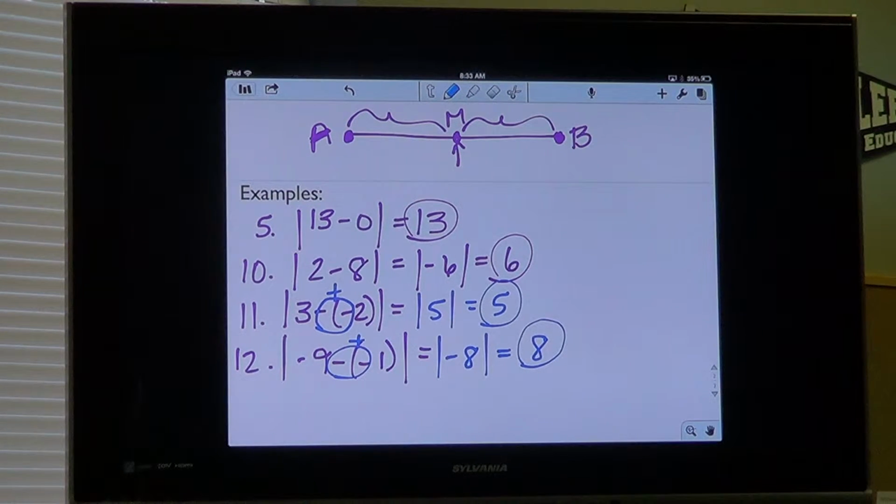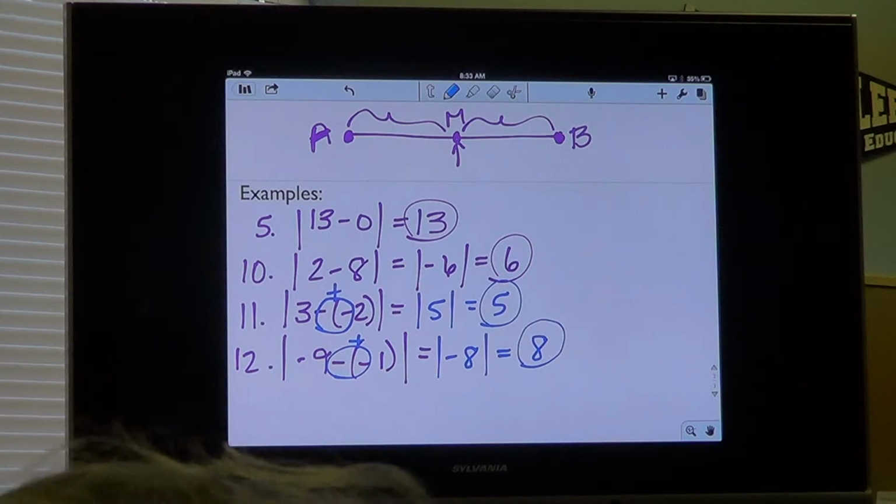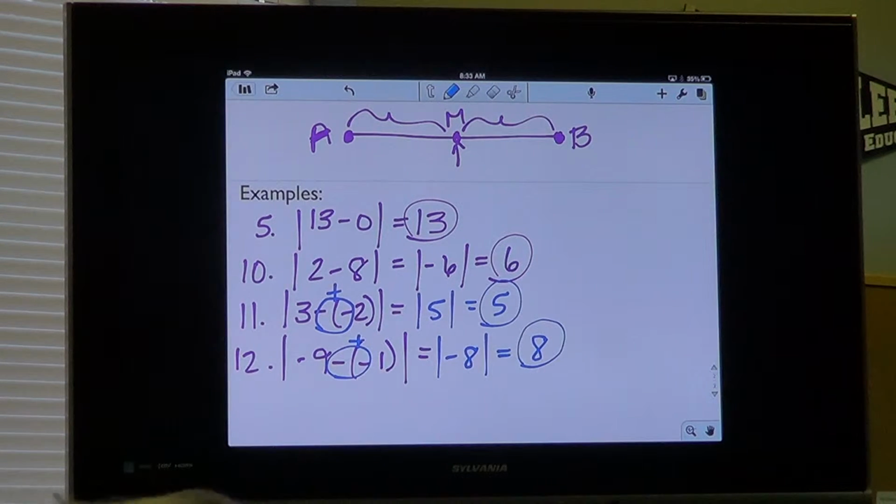Okay, do we feel comfortable with those? Yes? Questions? Okay, and then if you look at the number line at the top of page 15, it says name the point or state the number described. So let's go through those quickly.